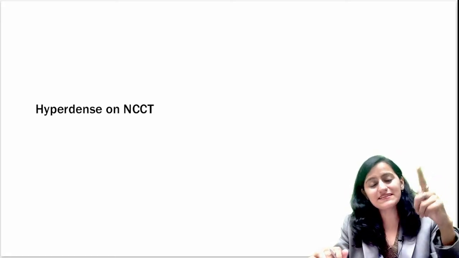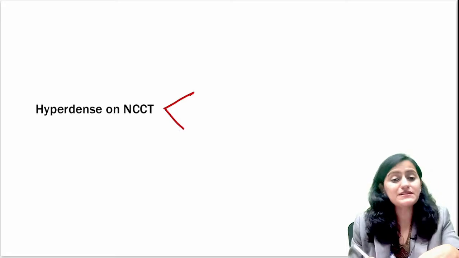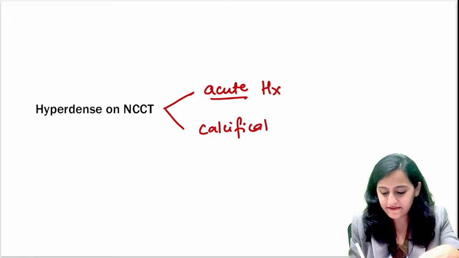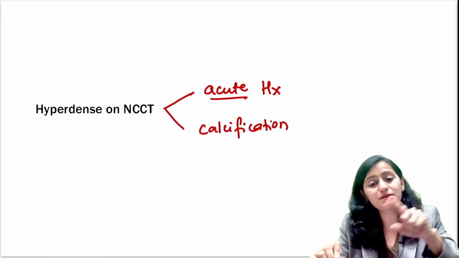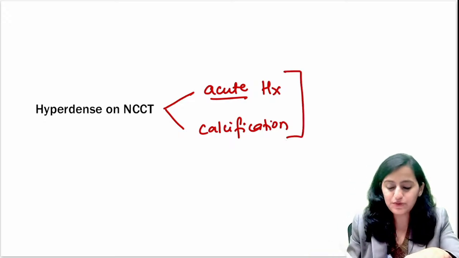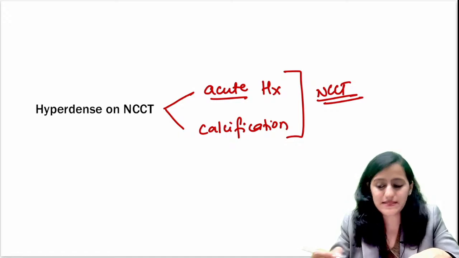And the other thing is bone, which basically means calcification. So very important to remember: acute hemorrhage and calcification are hyperdense on non-contrast CT. Calcification appears white. Acute hemorrhage appears white, not chronic hemorrhage. And that is why for acute hemorrhage and calcification, we can just do NCCT as the investigation.